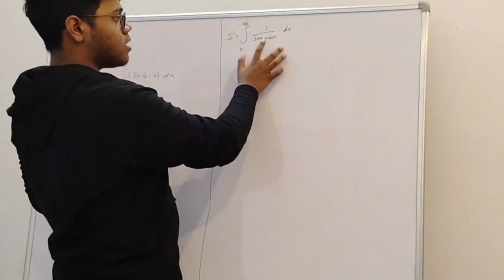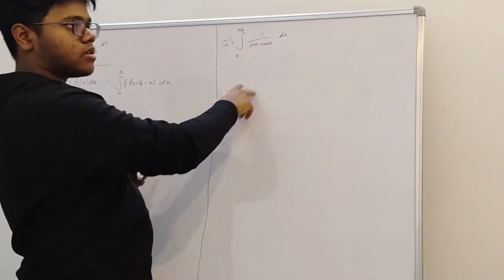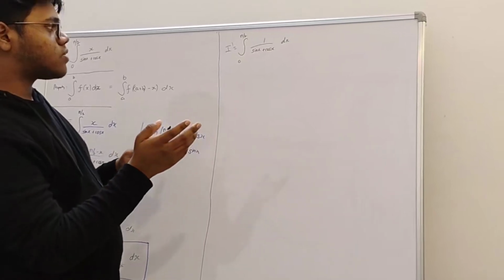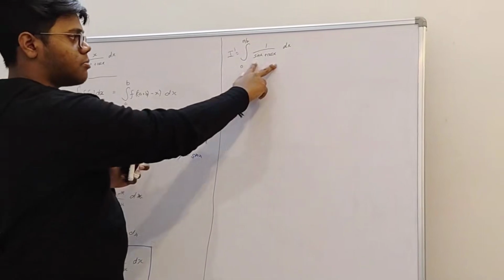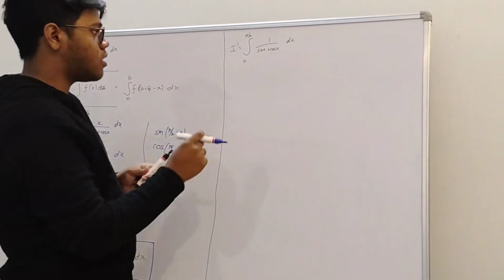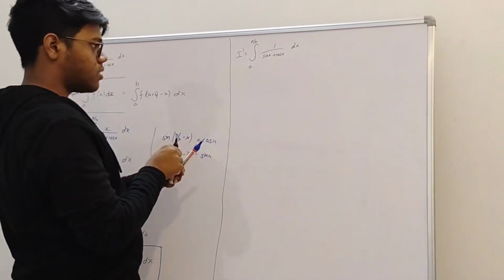If you see here, the denominator has sin x plus cosine x. So how can we integrate this? We are going to introduce new sine and cosine terms in order to simplify this. How are we going to do it? We are going to multiply the denominator by 1 by root 2.